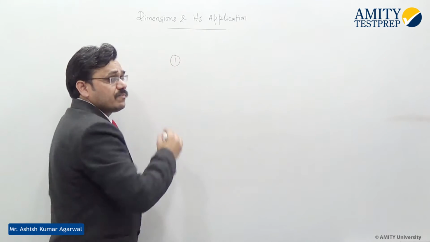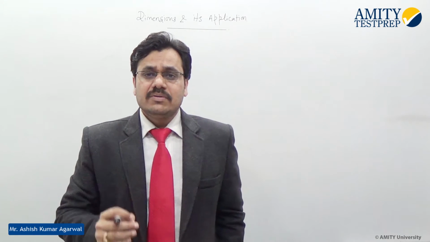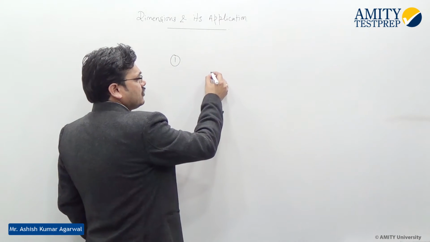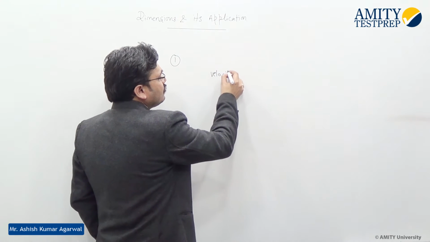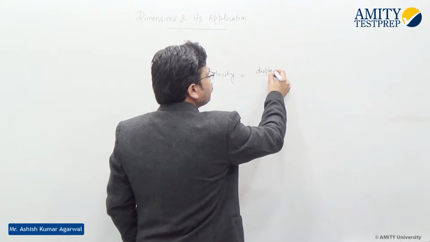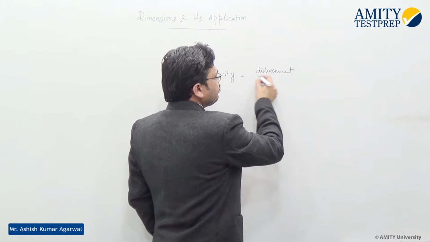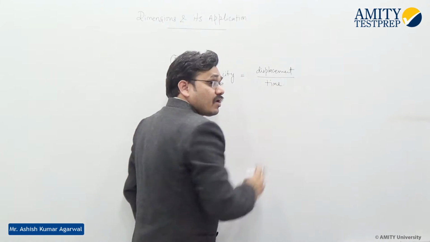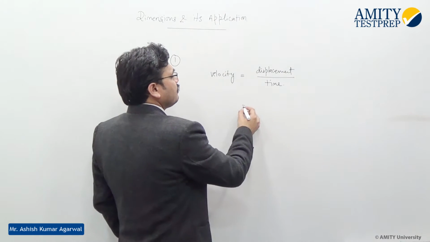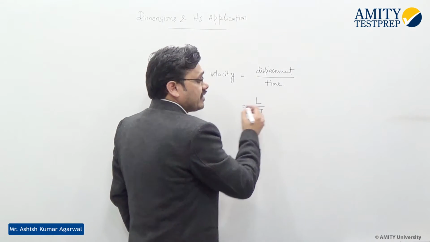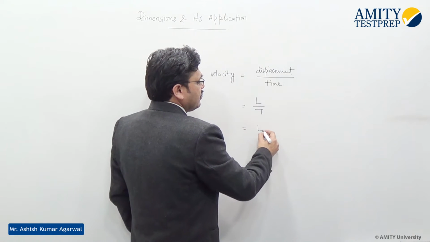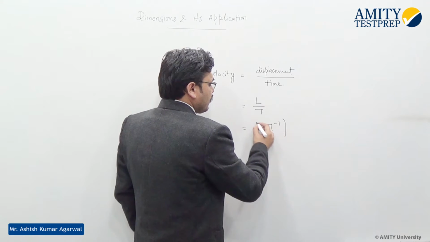Suppose I want to find out the dimension formula for velocity. How can I find it? First of all, we have to write the formula for velocity, that is displacement over time. As you know, the fundamental symbol of displacement is L and the symbol of time is T. So you get LT^-1.